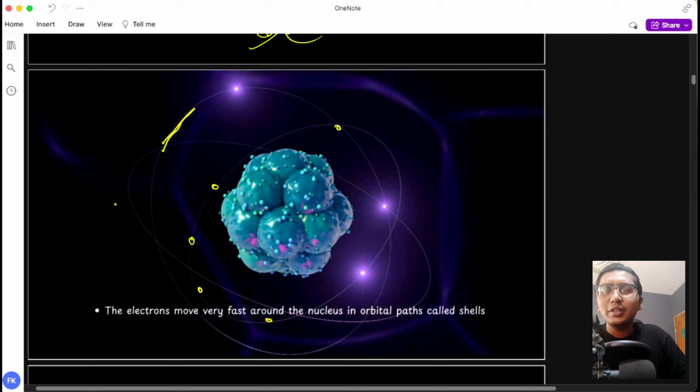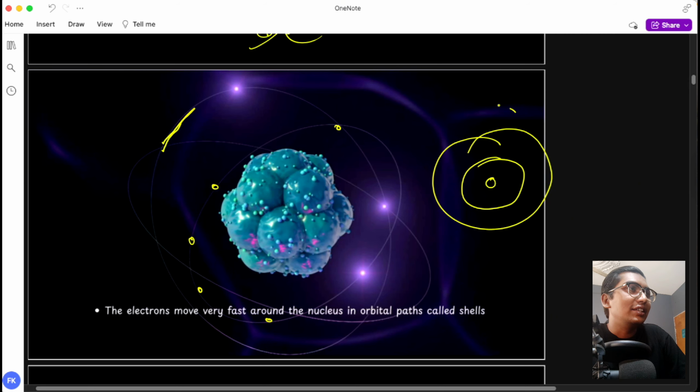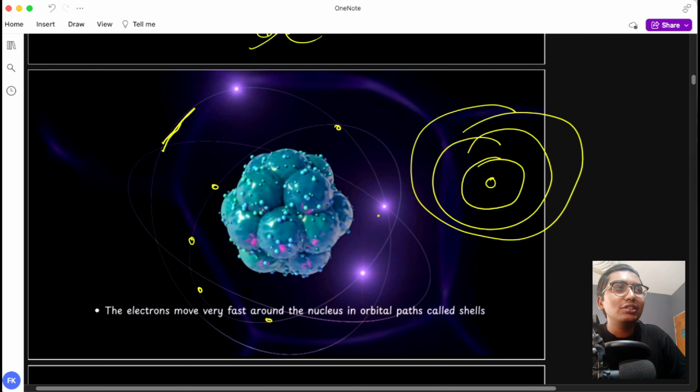And the structure we see in the books is a two-dimensional structure, right? Like this way. But it is actually three-dimensional. As you can see, it not only moves in this path, it also moves along this path, right? It forms a cloud actually. If you see an atom, it's actually a cloud instead of this.